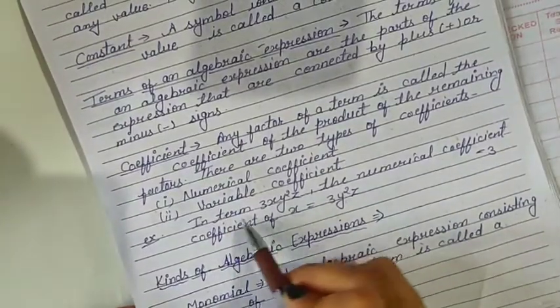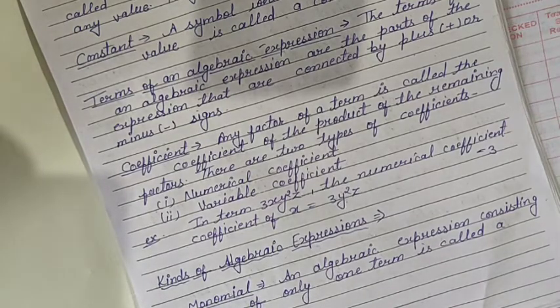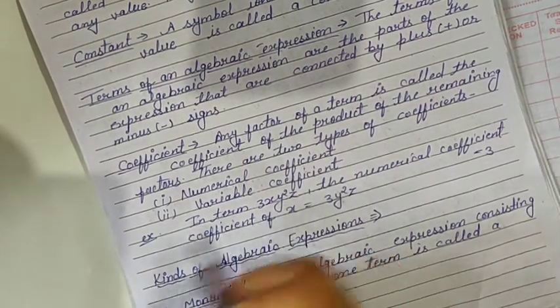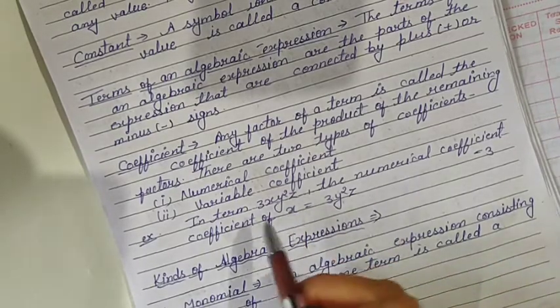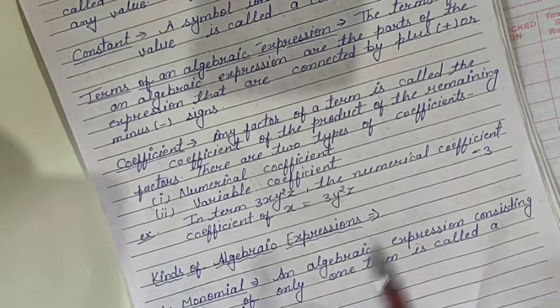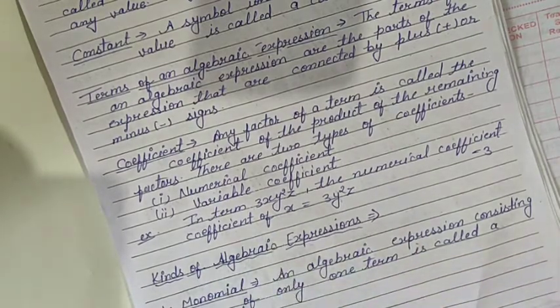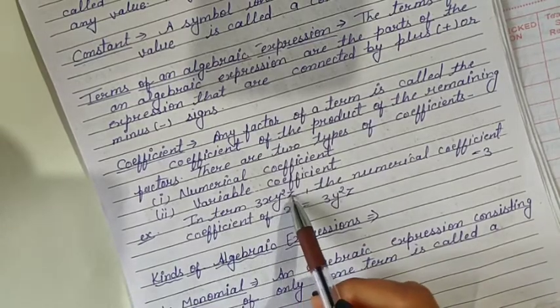For example, this is a term: 3xy²z. In 3xy²z, the numerical coefficient is 3 and the coefficient of x is equal to 3y²z.